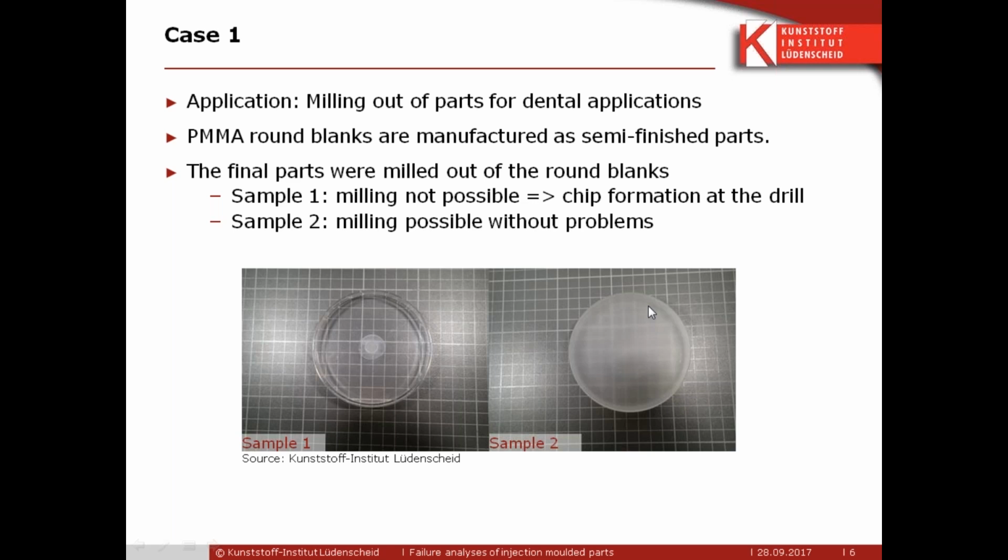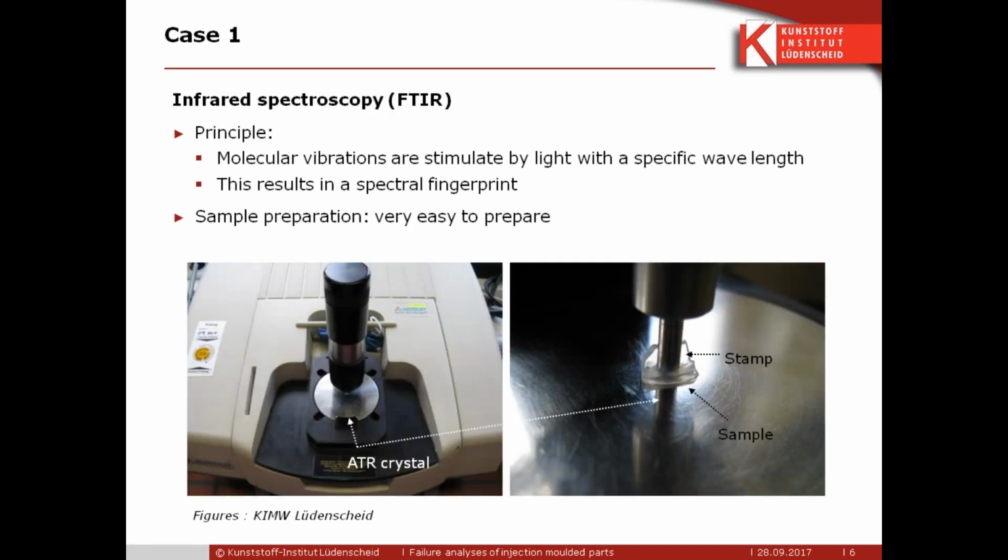First, I will start with just 2 sheets about the Kunststoffinstitut, for you that you know who we are. We are providing support in all areas of plastic technology. That starts with the selection of the material, with development, but we also do optimization of products, of molds and processes.